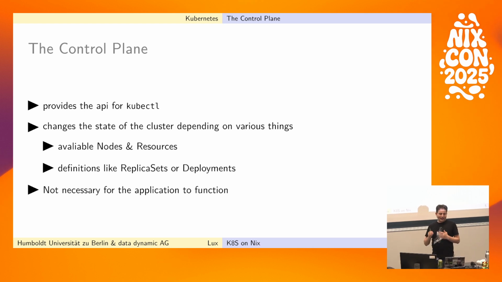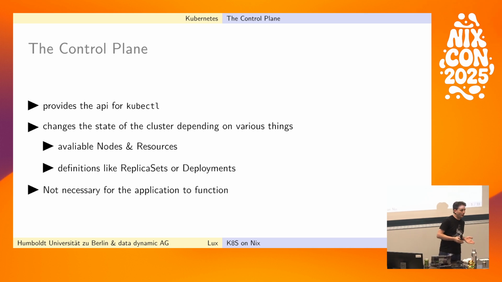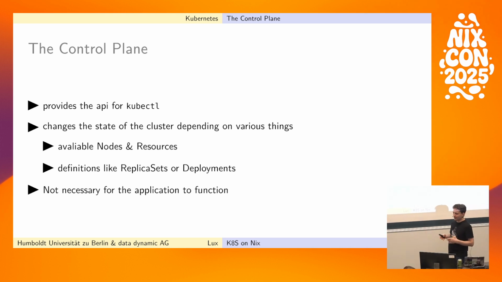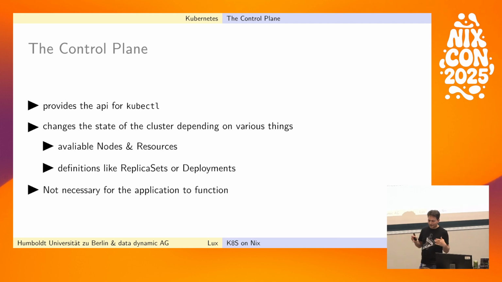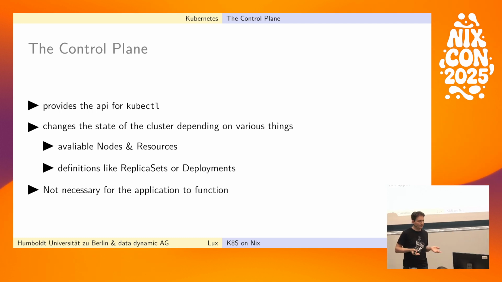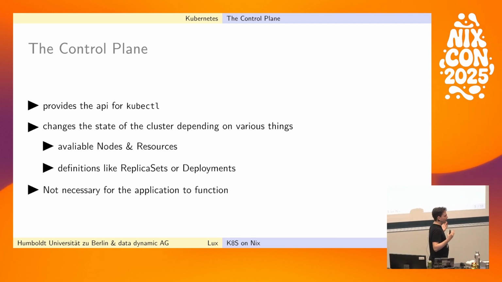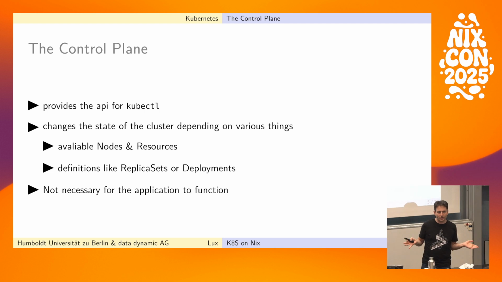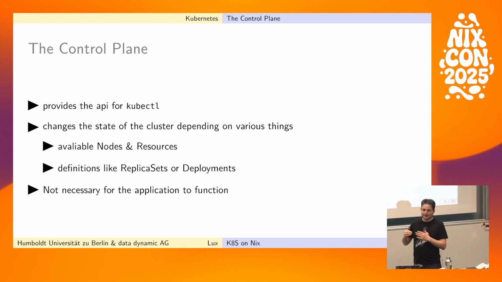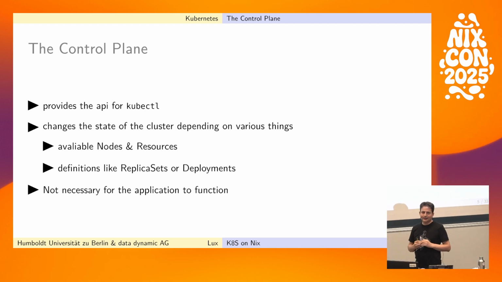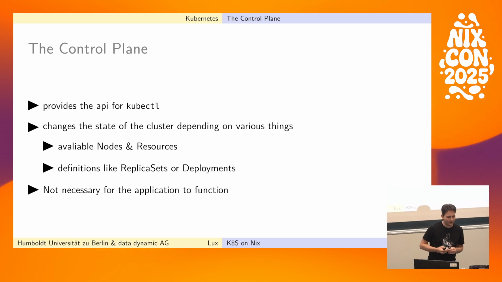Then it changes the state of the cluster depending on, well, what we want. We want a deployment. We say we want to always have 5 running pods for our application, and then we add worker nodes, or we lose worker nodes because they crash or whatever. And so this dynamically derived state needs to be computed.